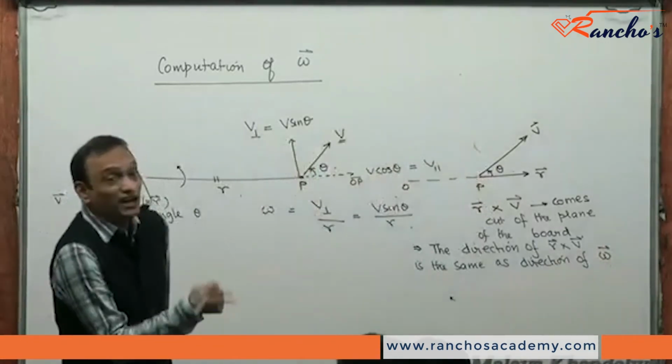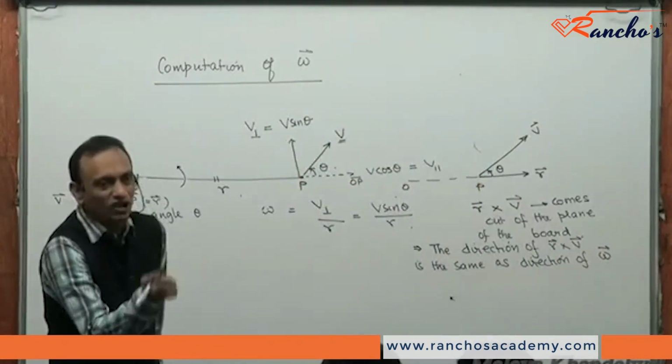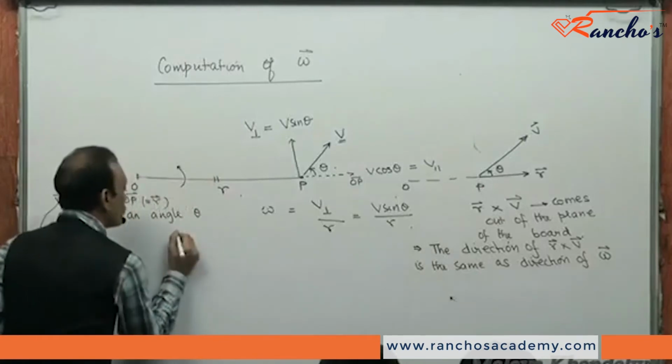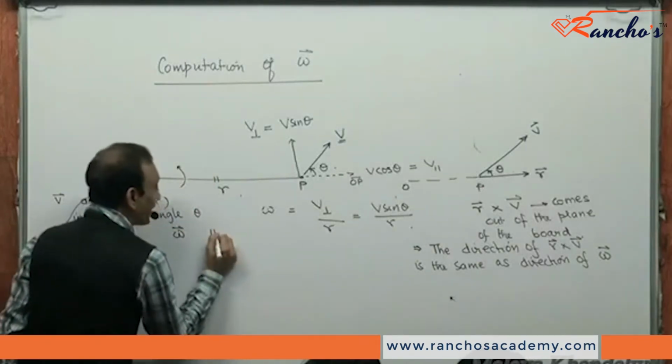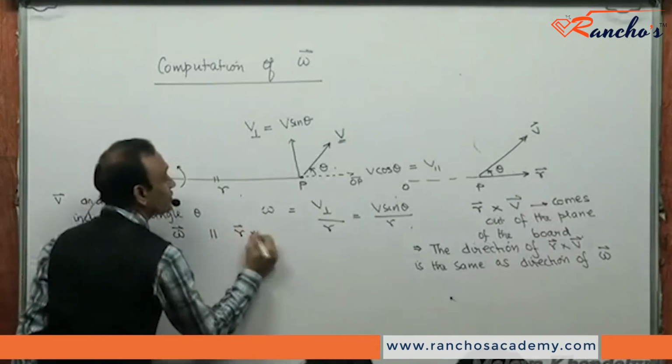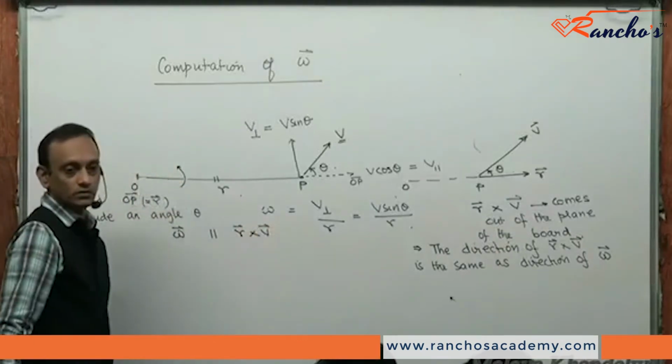That means omega and R cross V are parallel vectors. The omega vector will always be parallel to R cross V.